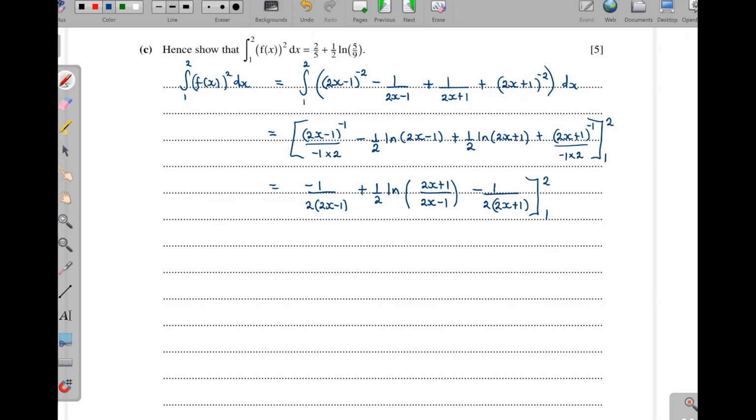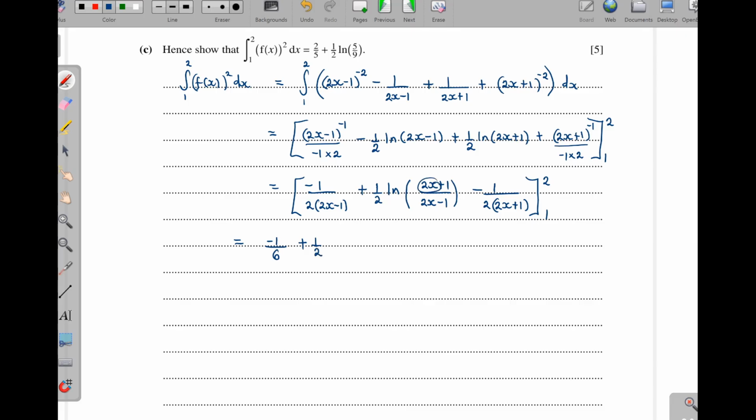So 2, 1. Now let us put the limits. Let us put 2. So here we shall get negative 1. When you put 2 here, you get 4 minus 1. You get 3 times 2. You get 6. So negative 1 out of 6. Then what else? We come to this one here. That will be plus a half.